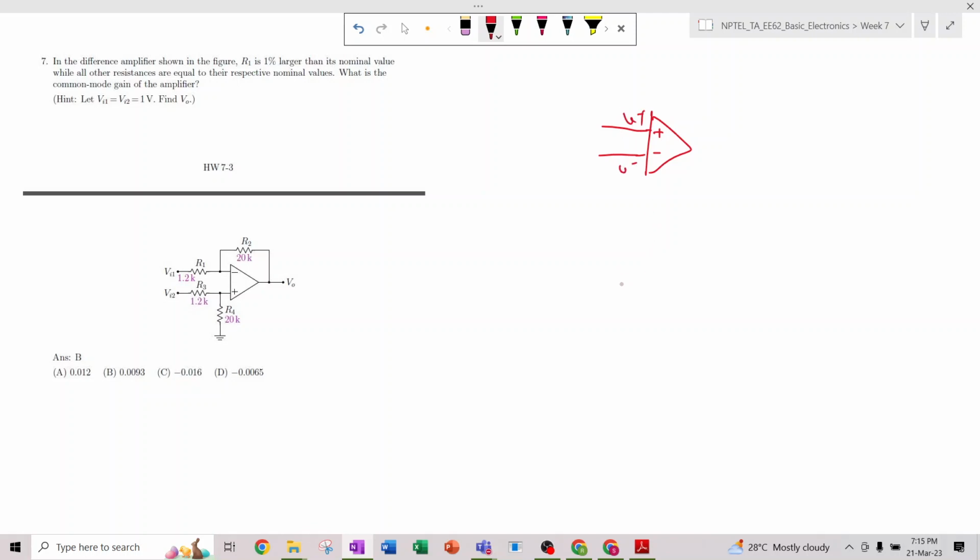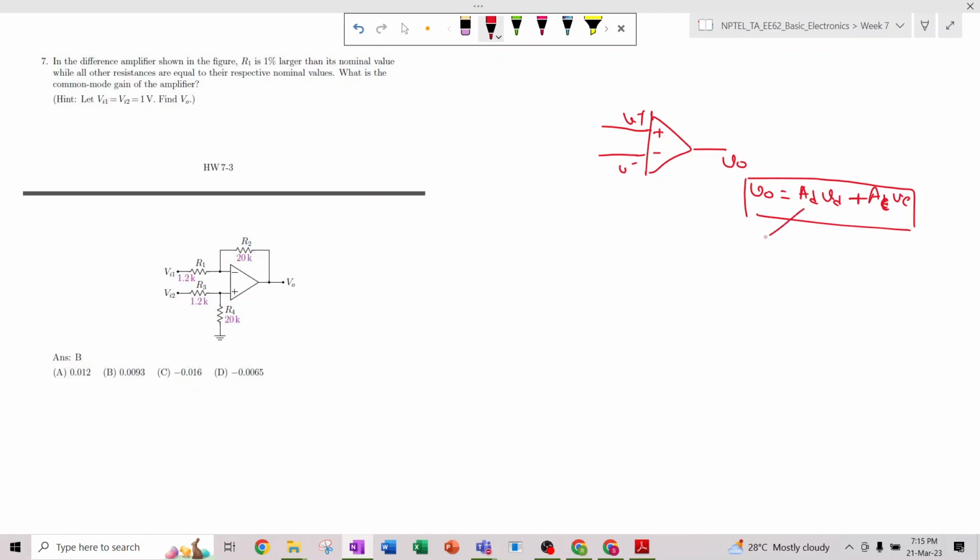Suppose for any amplifier we can write the output voltage VO as nothing but AD VD plus AC VC. This is the output of an op amp.